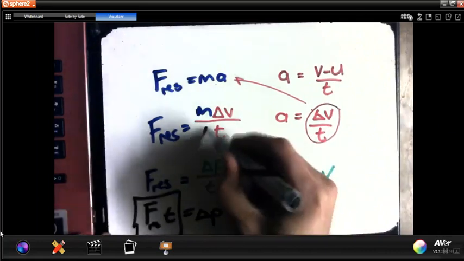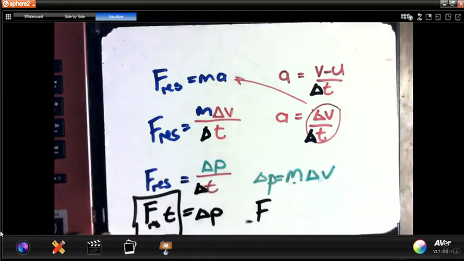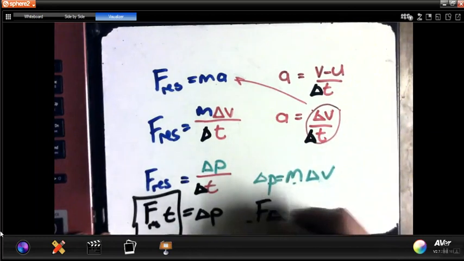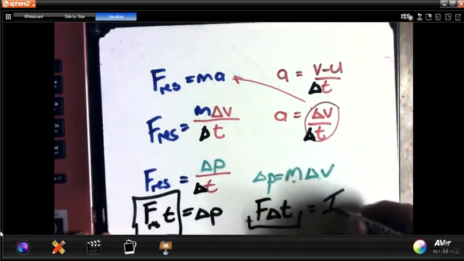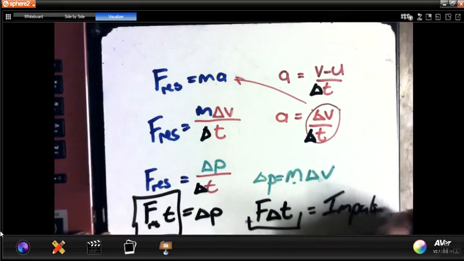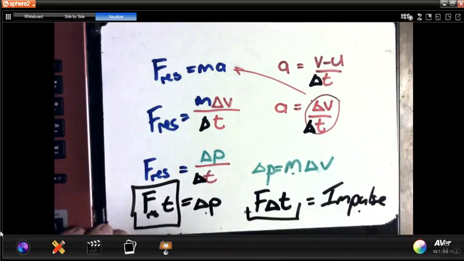We can also call it change in time, because it's the time interval. So force times time is what we call the impulse, and impulse is equal to change in momentum.